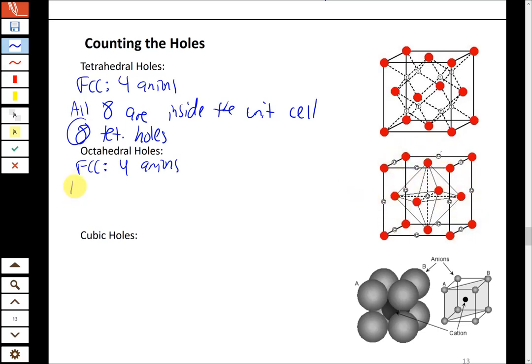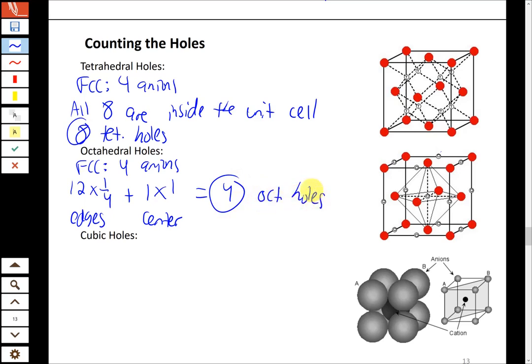So there's 12 edges in a cube, and each of those is going to count as 1/4 because each edge in a cube is shared by 4 neighboring cubes once we stack them together into a larger structure. So we talked about that last time, how to count the different positions. Edges count as 1/4 each. And then there's one directly at the center that's not going to be shared, so that counts as a whole hole, and that's going to be a total of 4 octahedral holes. All right, so there's a 1-to-1 ratio between the anions and the octahedral holes in the structure when you're filling the octahedral holes.